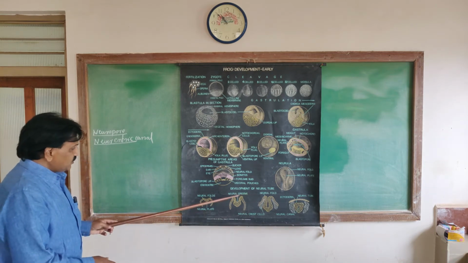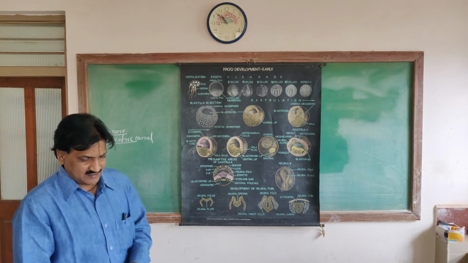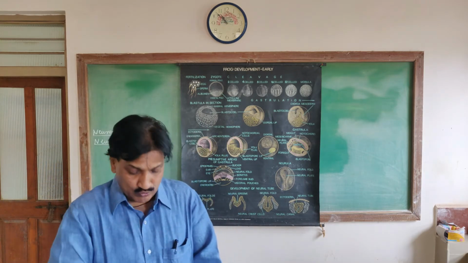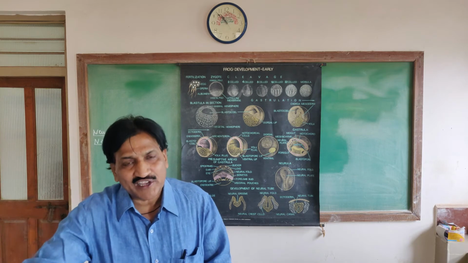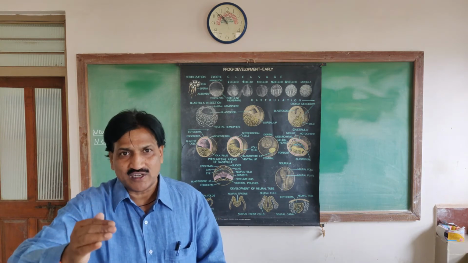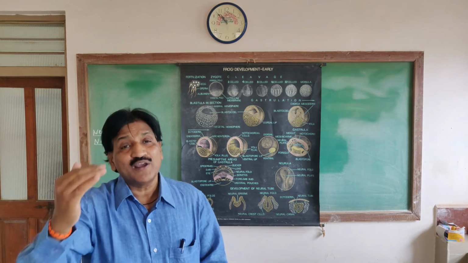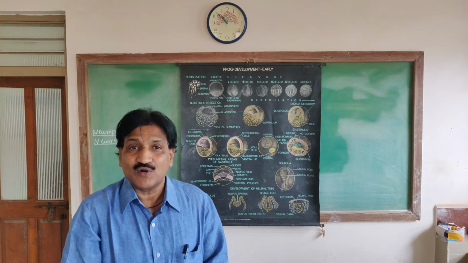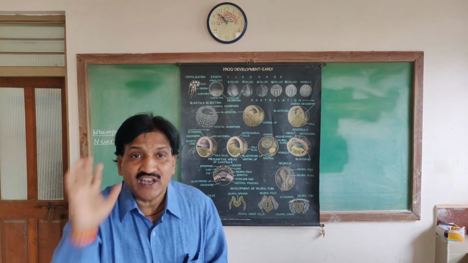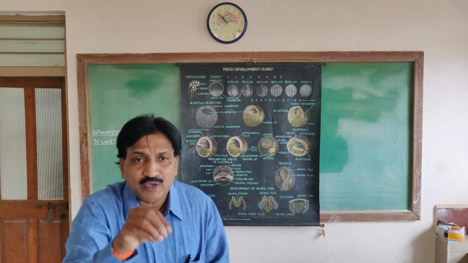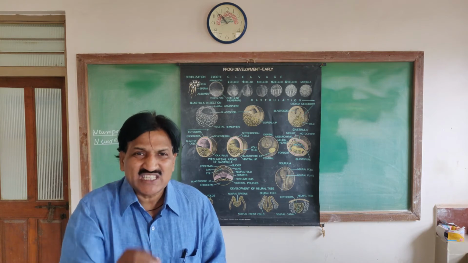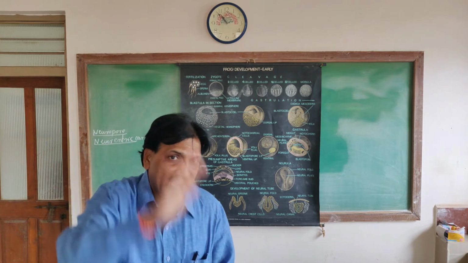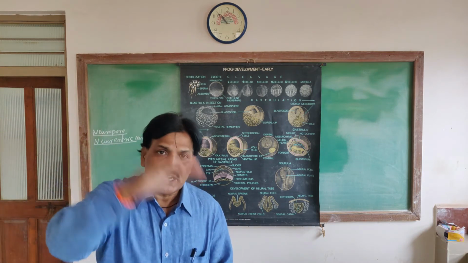Now here, neurogenesis is nothing but the formation of the neural tube. There is a material in the gastrula stage, the roof of the archenteron, having the chorda mesoderm. Above the chorda mesoderm, there is a presumptive material for the formation of the neural tube, present on the mid-dorsal side.